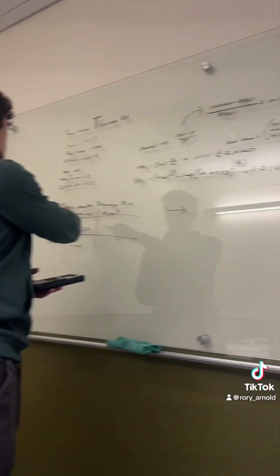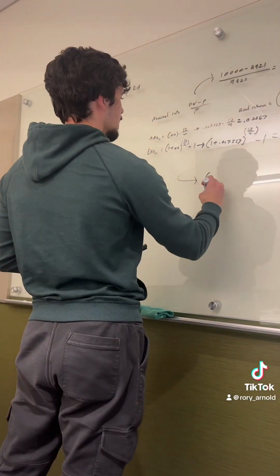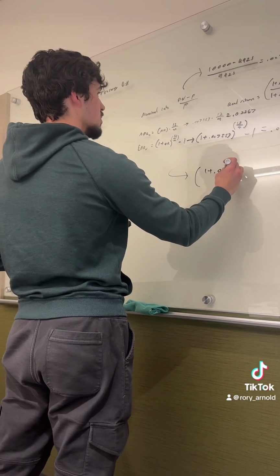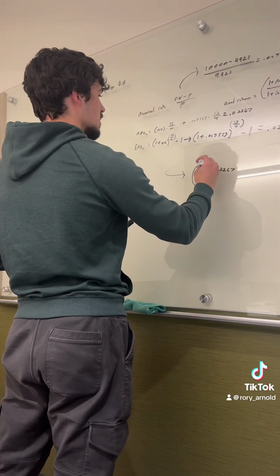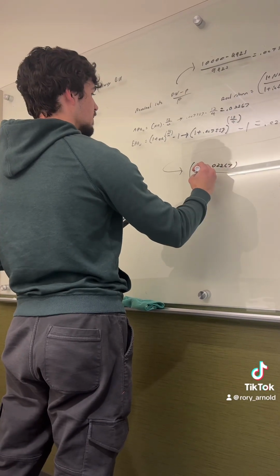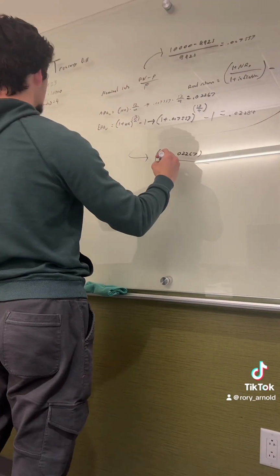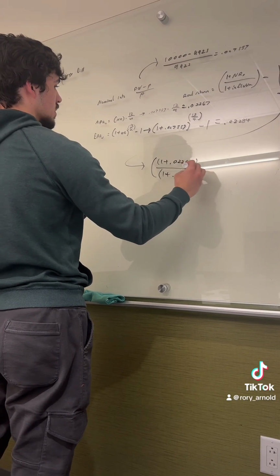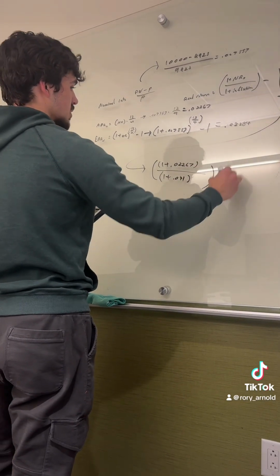So for the APR, we do 1 plus 0.02267, in parentheses, over 1 plus your inflation, which is 4.1%, or 0.041. And then subtract 1.